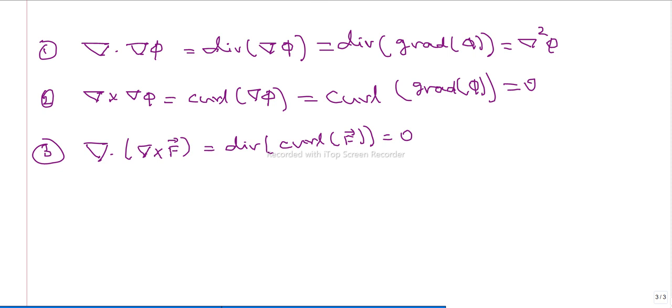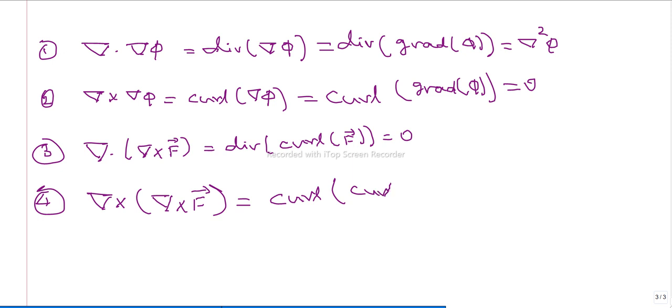Okay, and then the divergence of curl of f is 0. Suppose the next one, with the cross product, that is del cross del cross f. So this is nothing but curl of curl of f.